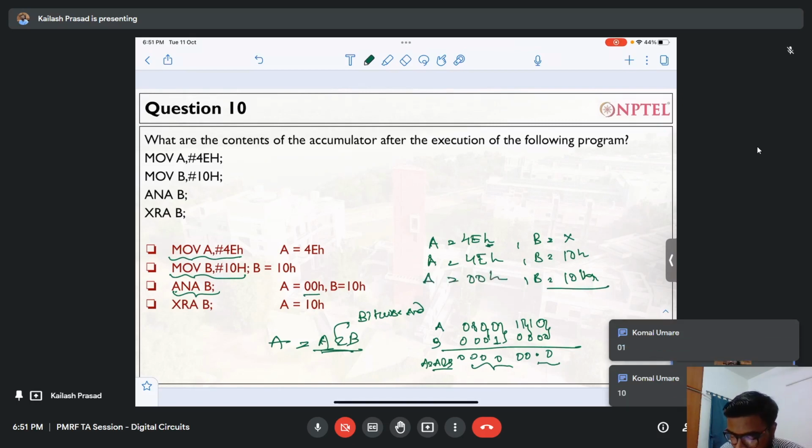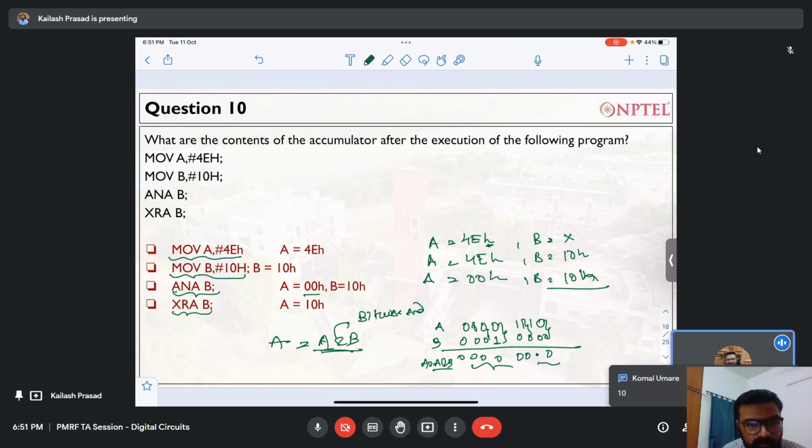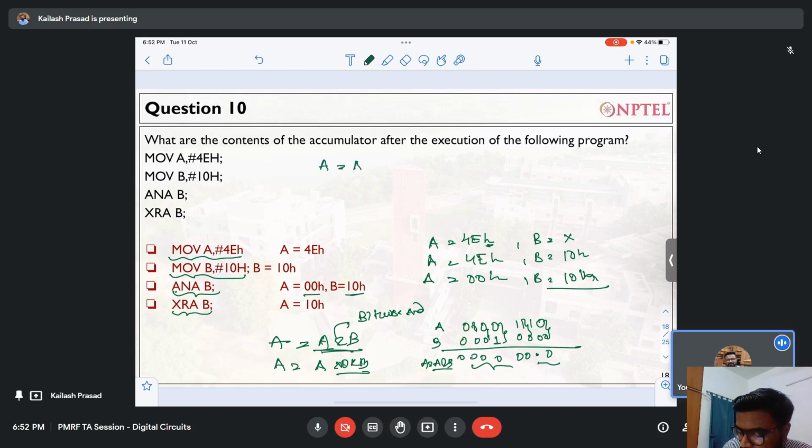Then XRA B. What does XRA B mean? It means A is equal to A XOR B. What is the value of A? All zeros. What is the value of B? 1 0. So let me write A equal to A XOR B. I do not have place over here, so I am writing over here. A is 0 0 0 0 0 0 0 0.